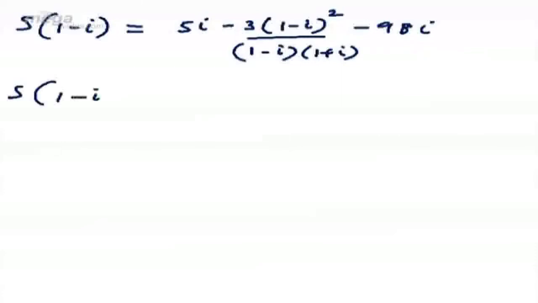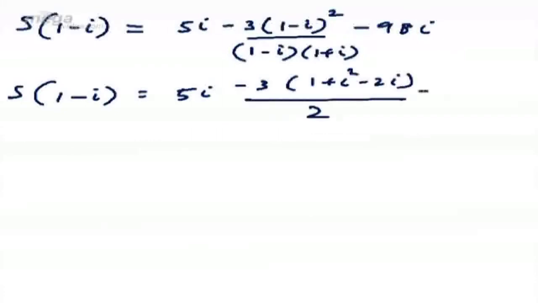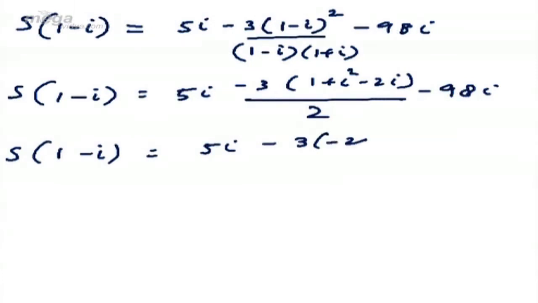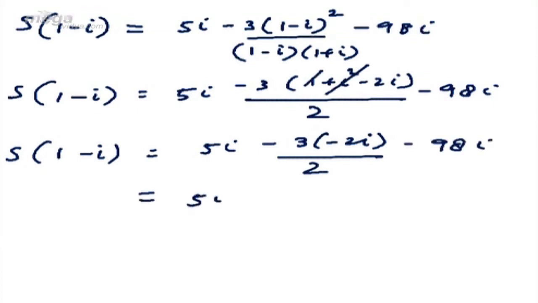S into (1 minus i) is equal to 5i minus 3 into (1 plus i square minus 2i) divided by 2, minus 98i. So S into (1 minus i) is equal to 5i minus 3 into minus 2i divided by 2, because i square cancels out with 1, and this will become 5i plus 3i minus 98i.